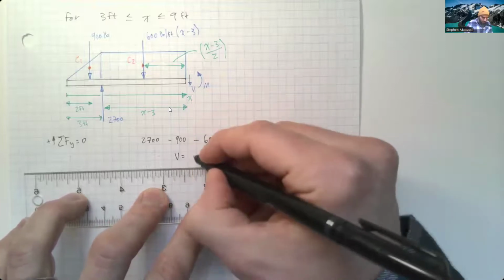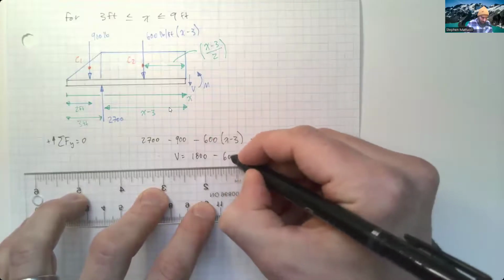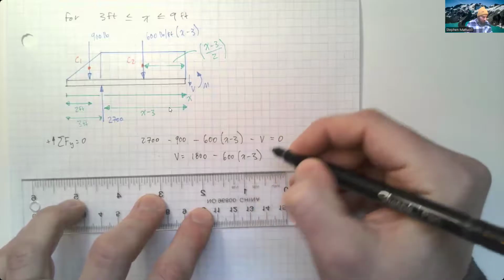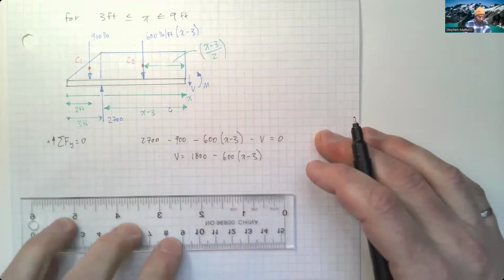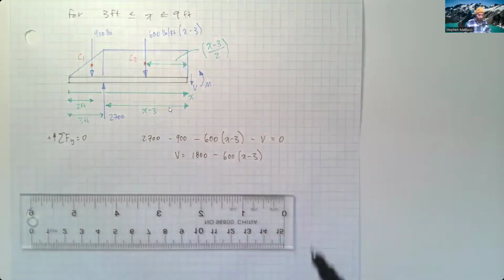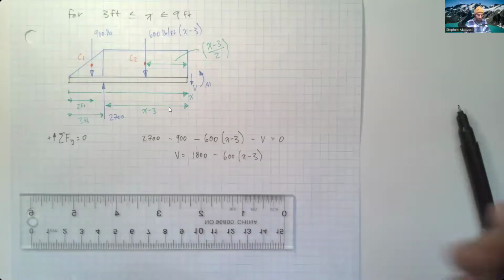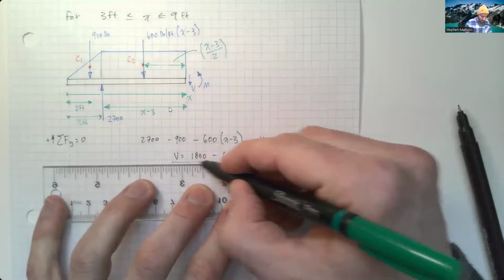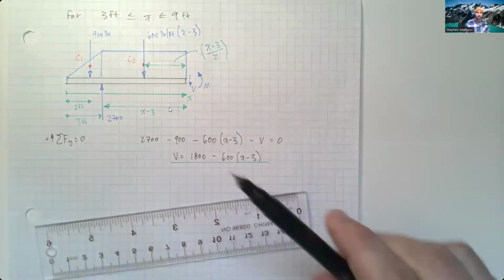So now our shear is 1,800 minus 600 times x minus 3. And so this is going to be the equation of our line for our second segment.